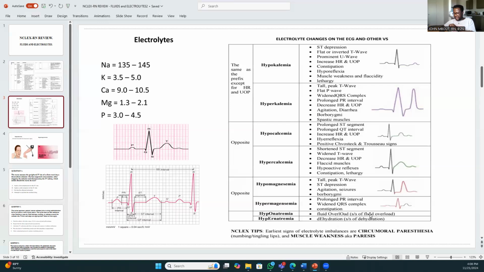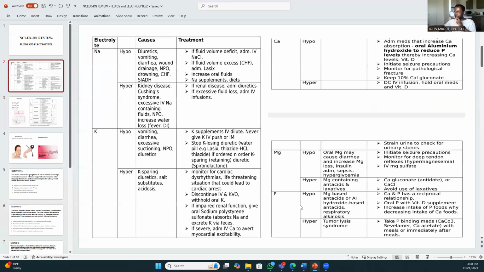Fluid volume excess is caused by low sodium, hyponatremia. I explained before, right?